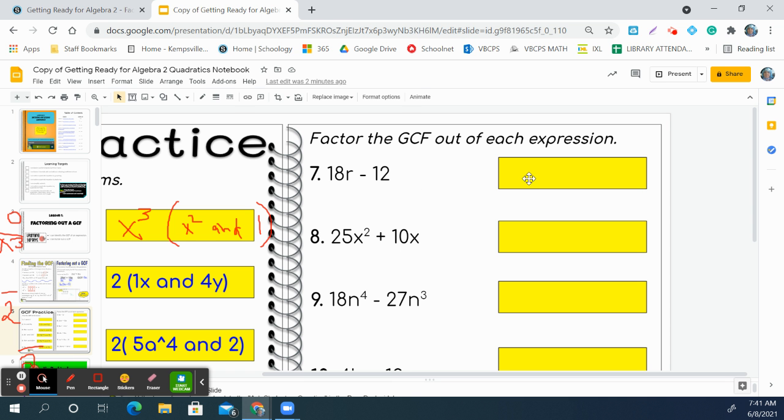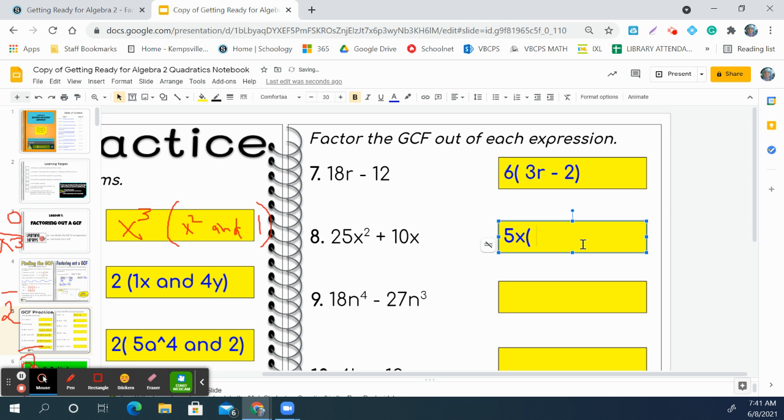So in the first one, what's the greatest common factor? And what's left over once you take out the 6? 3. Sweet. What about the next one? 5x.